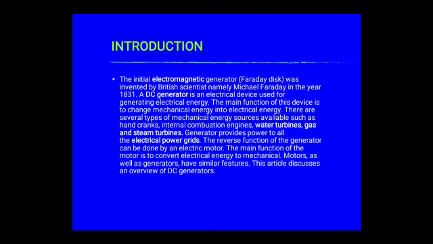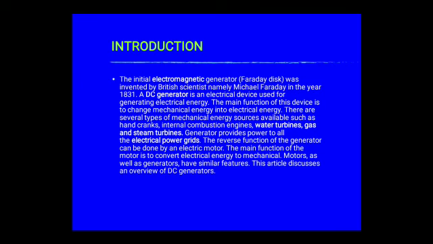So there are several types of mechanical energy sources available. These are known as prime movers. So what is a prime mover? A prime mover is a device which is used to supply torque to the shaft of a DC generator.